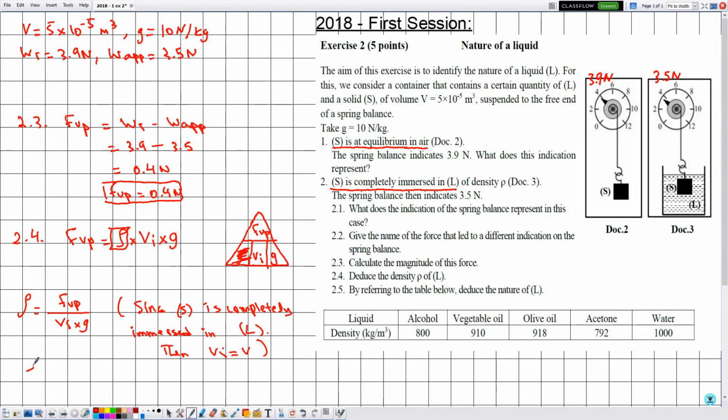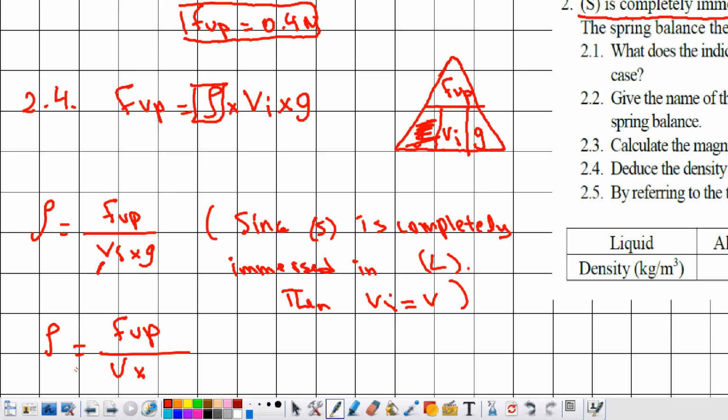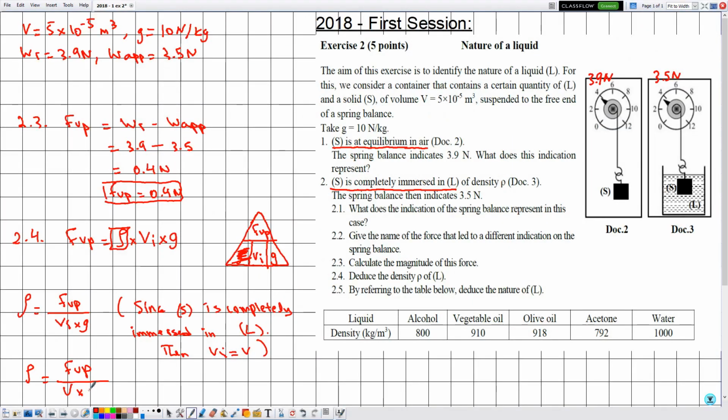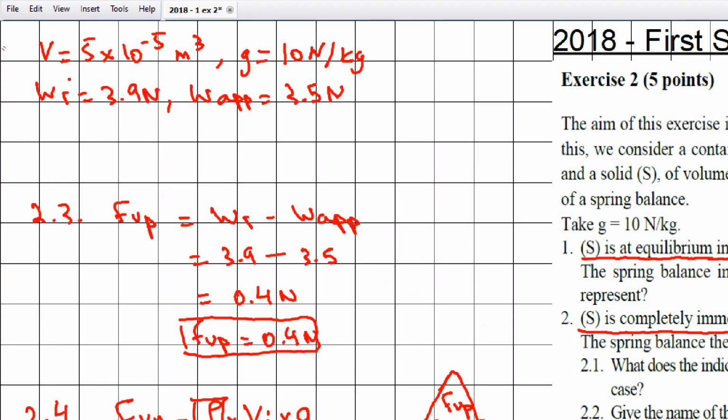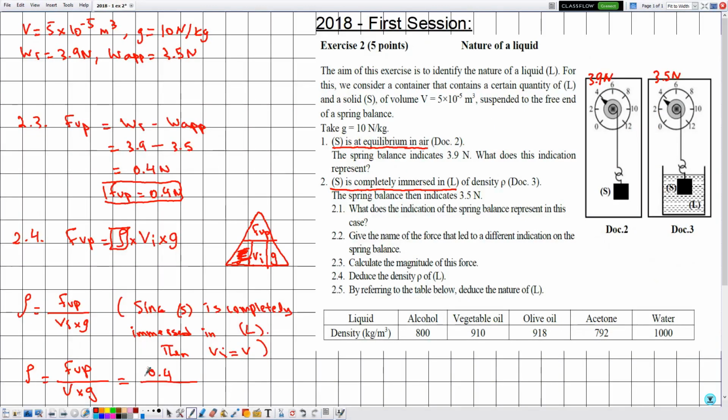Now rho in this case will be given by F upthrust divided by V, because Vi is now equal to V, so we have replaced Vi by V, multiplied by G. Now the value of F upthrust is given by 0.4. The value of V from the given is 5 times 10 to the power minus 5 in the SI.